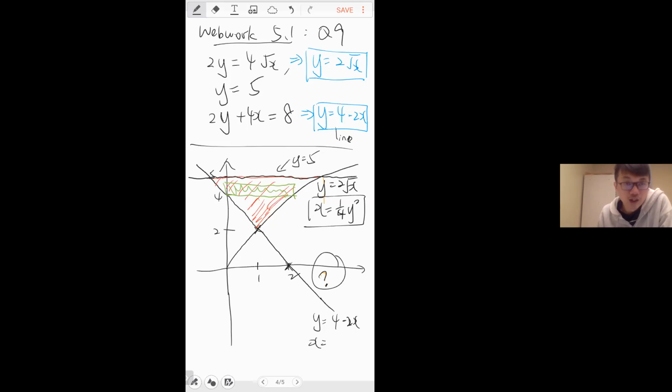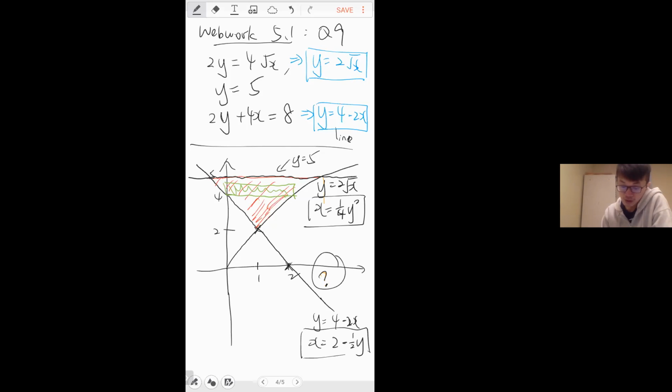And then the second function, y equals 4 minus 2x, so x equals what? So 2 minus 1/2 times y.